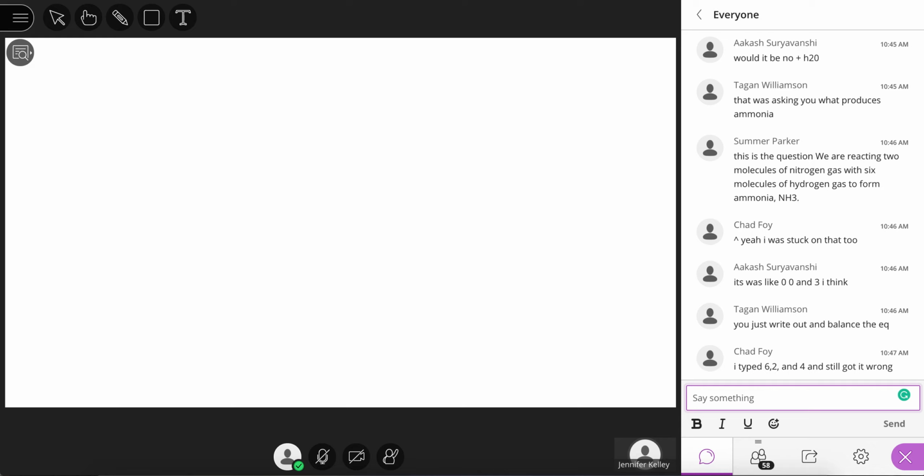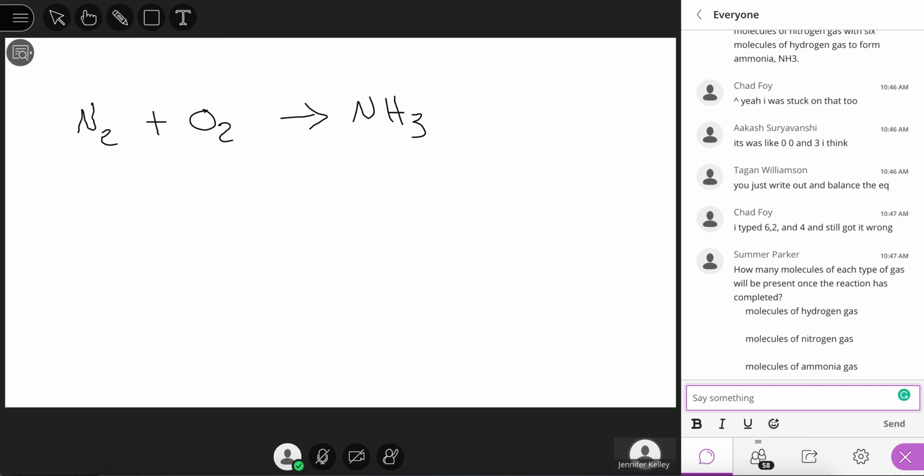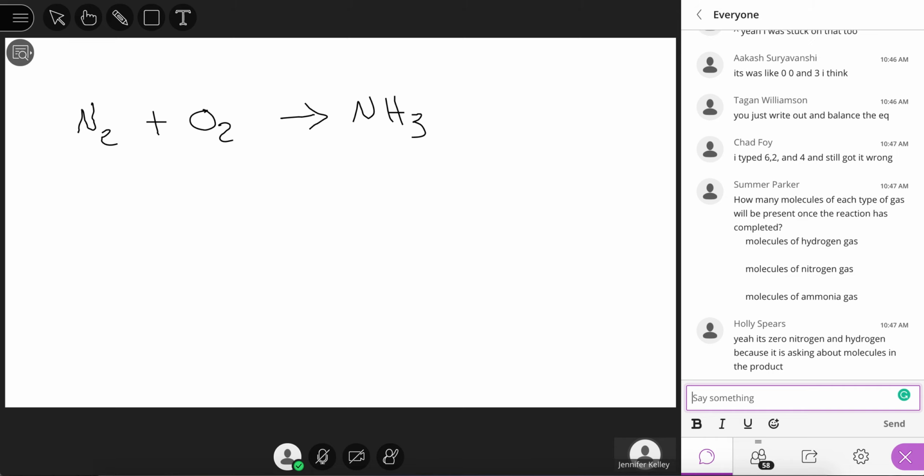Let's see what we get. So what was it? Nitrogen plus hydrogen makes NH3. Obviously, there's going to be hydrogen in there somewhere. Nitrogen, 6 hydrogen. Oh, there's no oxygen at all.